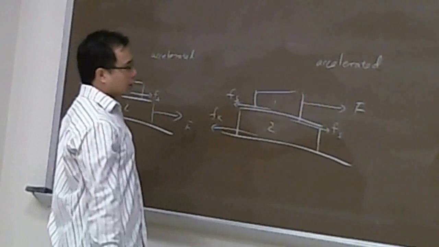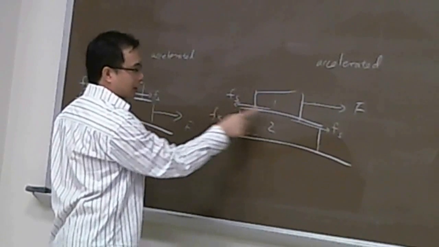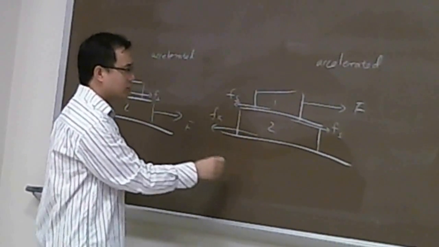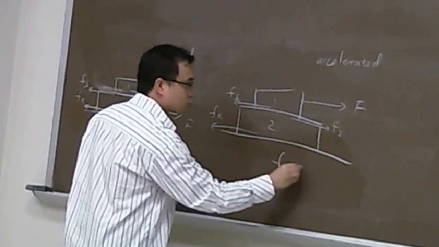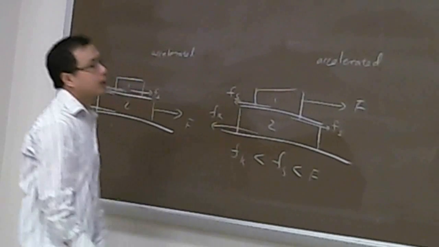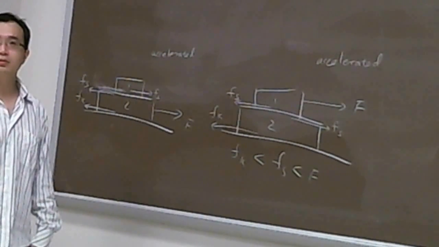In fact, this one should be larger than this one, and this one should be larger than this one. So in this case, you can see Fs should be smaller than F, F should be greater than Fk, to make the accelerated motion.